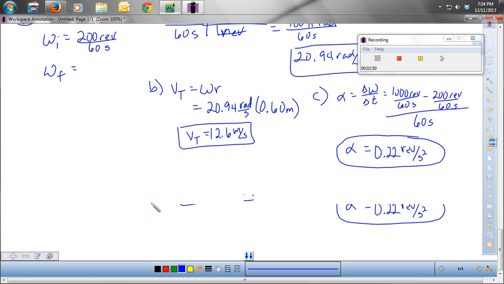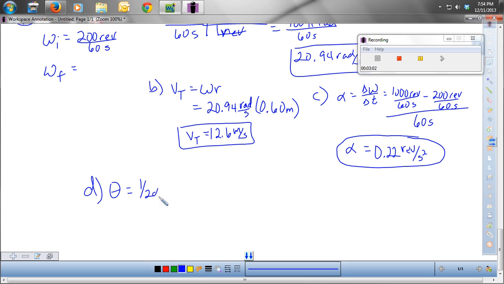Alright, then I believe there was a part D. Part D said how many revolutions will it make during that 60 seconds. So theta is equal to 1/2 alpha t squared plus omega i t. So that's 1/2 times 0.22 revolutions per second squared times 60 seconds.